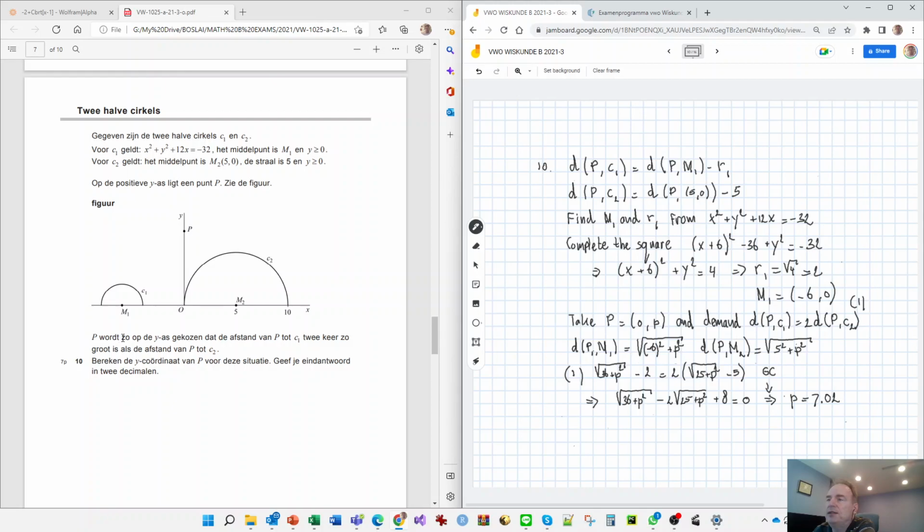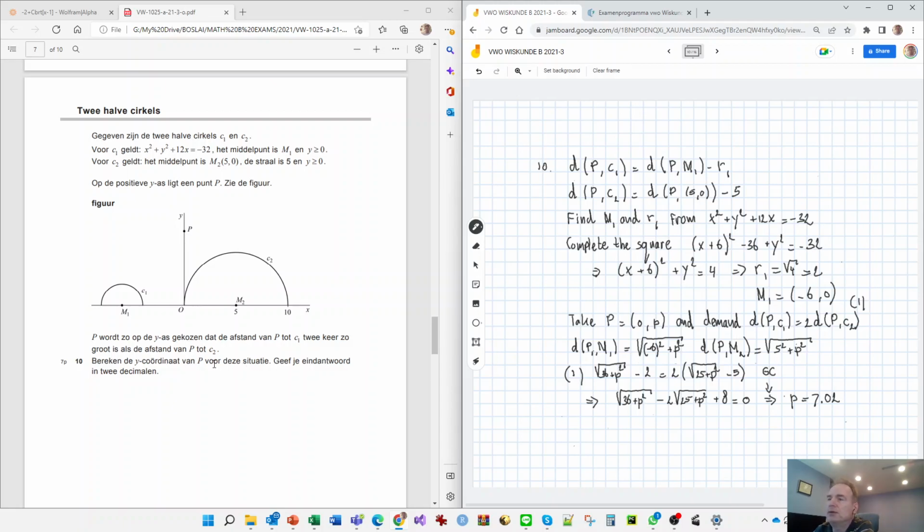And they say they choose P such that the distance from P to circle C1 is twice that of the distance of P to C2. Okay. And calculate the y-coordinate of P.